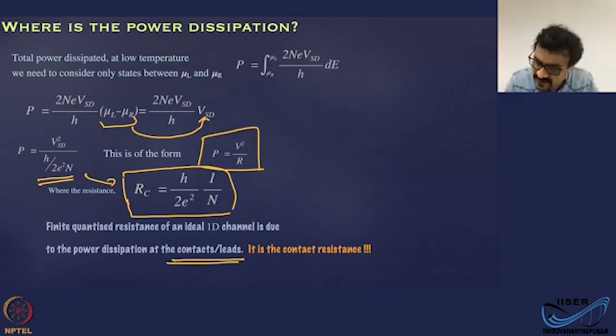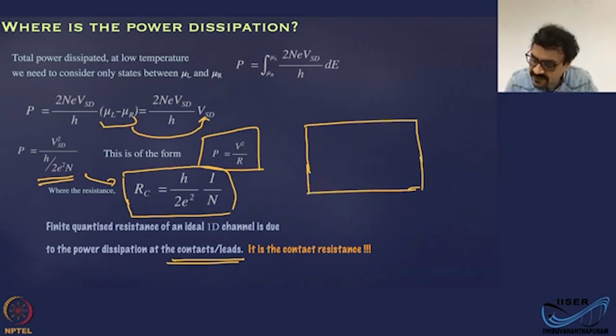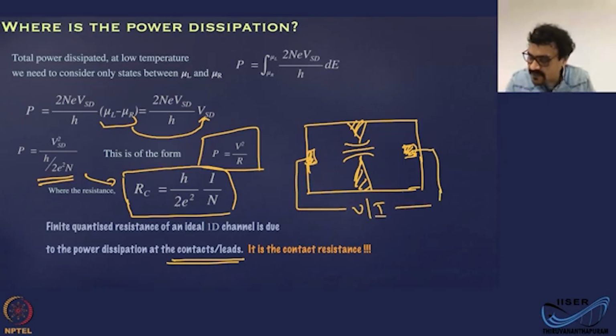For example, if I have a device, and these are the gates, and there is quantum transport through the channel, and I have source and drain contacts, where you are going to connect the current or voltage leads.